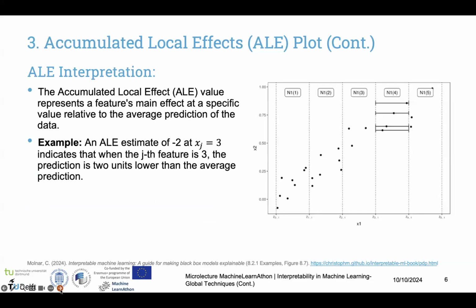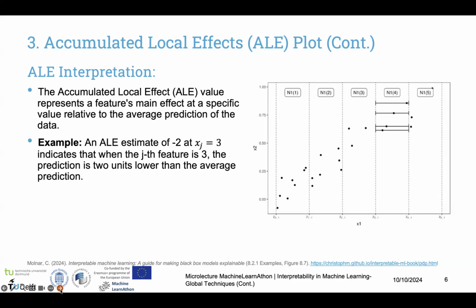So let us first try to understand how we can interpret the value that we get from the accumulated local effects. Assume that we calculated the accumulated local effect and we get a value of -2 when we try to understand the influence of feature xj on the predicted outcome. What does that mean? For example, when we try to understand the impact of feature xj at value equal 3, we got -2.